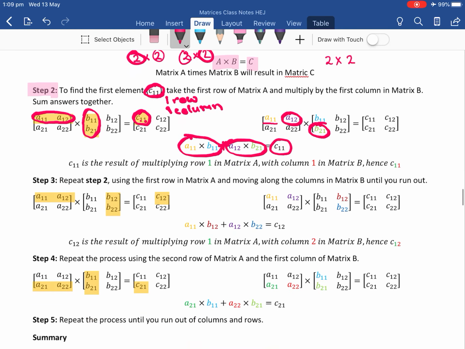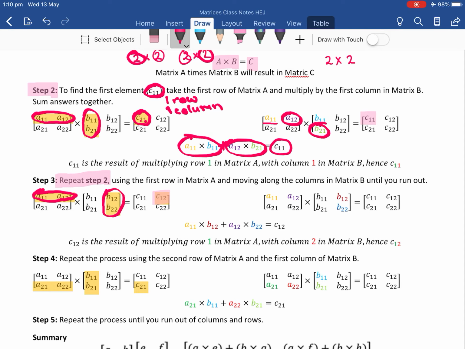So step 3 is the same as step 2. Repeat step 2 using the first row in matrix A and moving along the columns in matrix B until you run out. Before, we found the first element, now we want to find the second element. It says 1, 2, so we need to look at the first row in the first matrix and multiply by the second column in the second matrix.